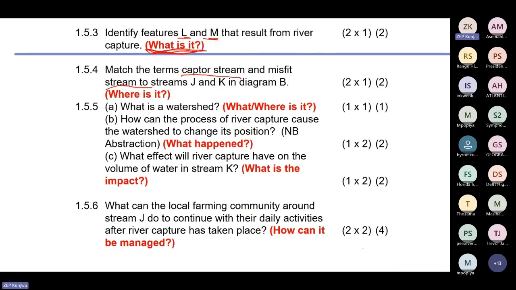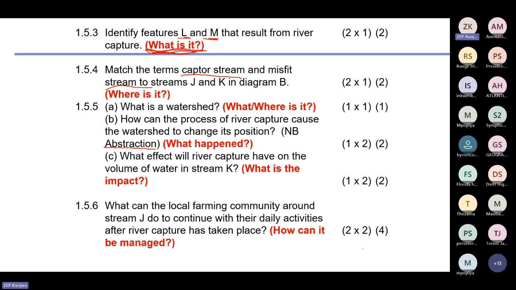Okay, and then now 1.5.5, it says, what is a watershed? This is a high-lying area which separates two river systems or that divides two drainage basins. How can the process of a river capture cause the watershed to change its position? So now you ask about the abstraction.